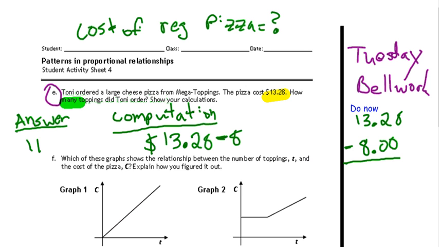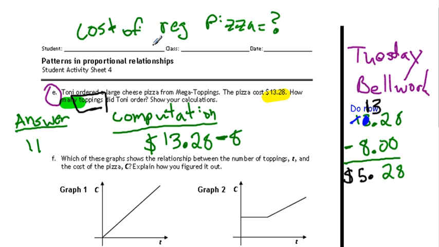Welcome back. Here's the answer. The answer when you subtract it is $5.28. But now, what do we have to do? We have to figure out how many toppings.